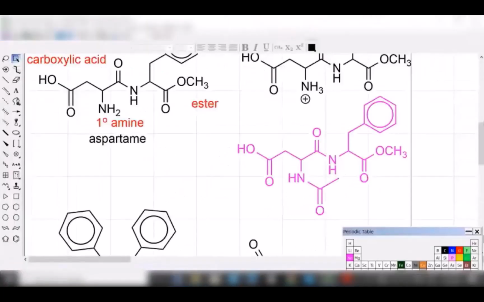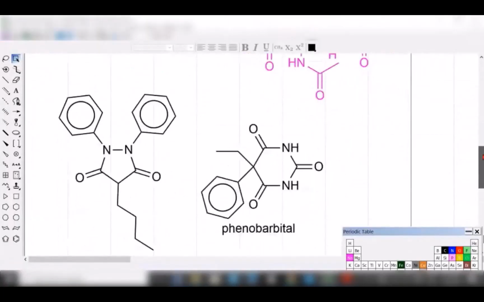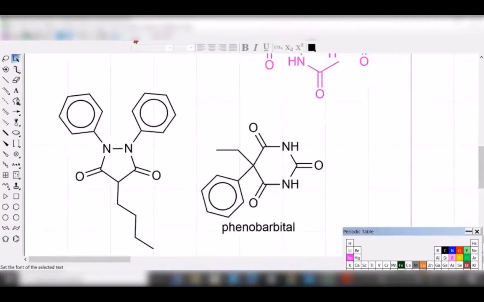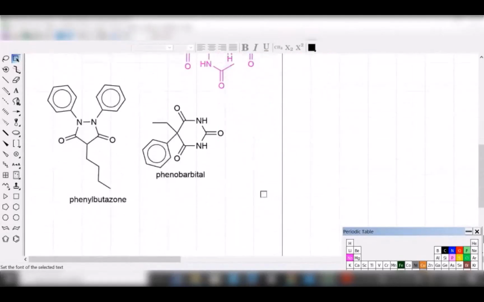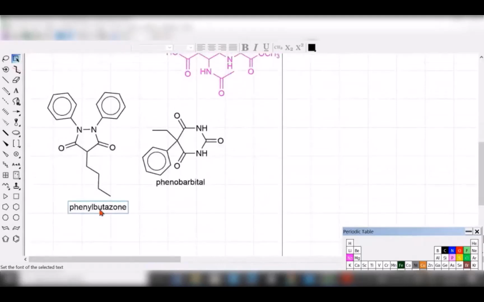So I've drawn it here. I'm going to zoom up. Now, first we look at this. If you look at this particular system, it has an interesting functional group that you are not aware of, which I've highlighted in red.